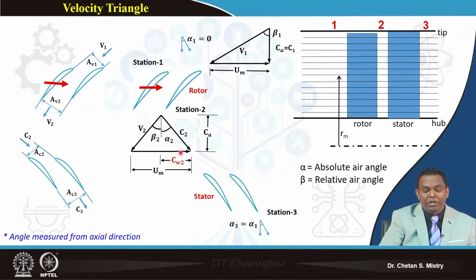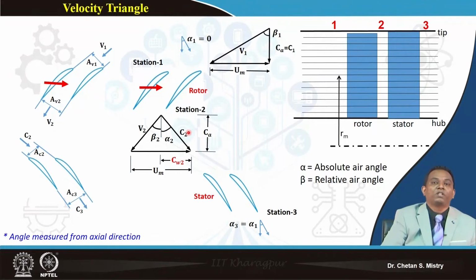Now let me put here this CW2 component, which is nothing but my whirl component. It is a component of my absolute velocity, and as we have discussed, this is responsible for the compression work to be done. So this is very important.